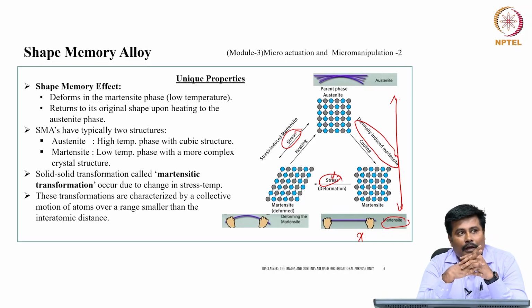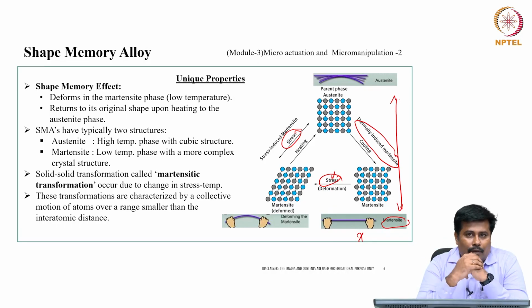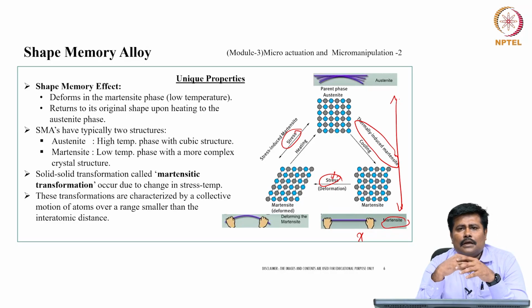For example, if I want to use it instantaneously, it might be very difficult. That is the reason some of the shape memory alloys are highly restricted to low frequency; the maximum frequency a shape memory alloy can exert is close to around 10 to 15 hertz. However, from an energy density point of view, it has quite a good amount of application as well as quite good characteristics.